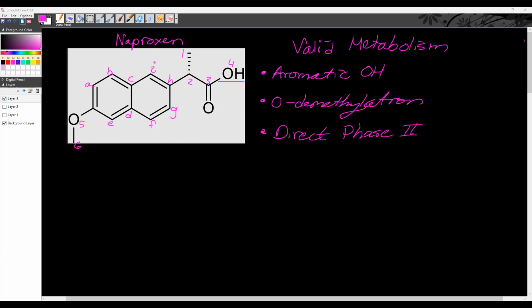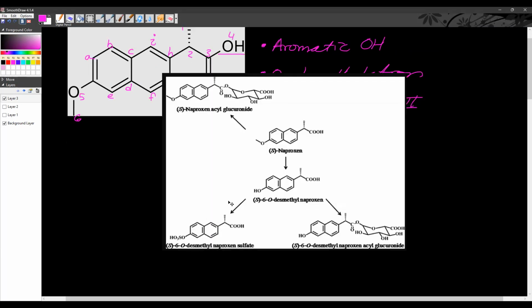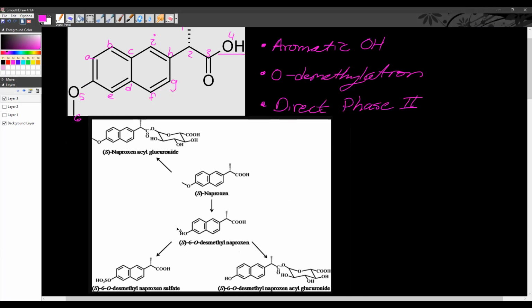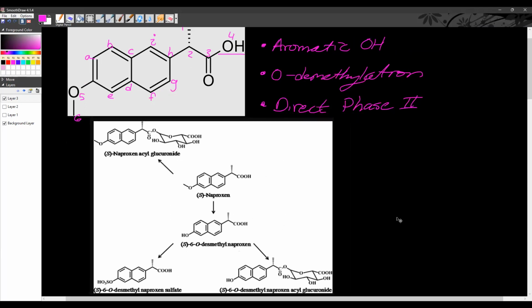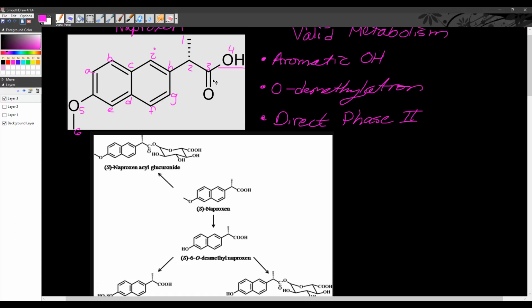If we look at the metabolism pathways of naproxen, exactly, because it already has an exposed OH bond, it can go through directly. If you already have one of those, you are good to go.